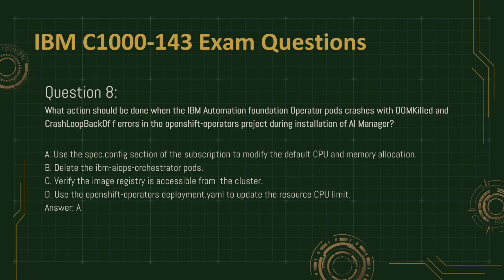B. Delete the IBM AIOps orchestrator pods. C. Verify the image registry is accessible from the cluster. D. Use the OpenShift operators deployment YAML to update the resource CPU limit. Answer: A.